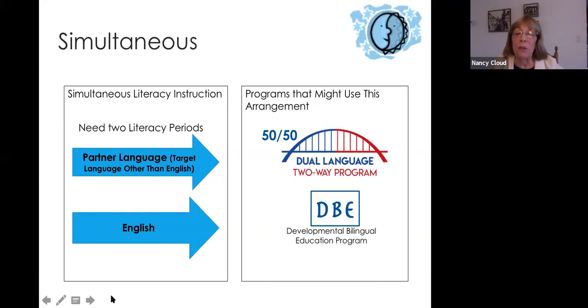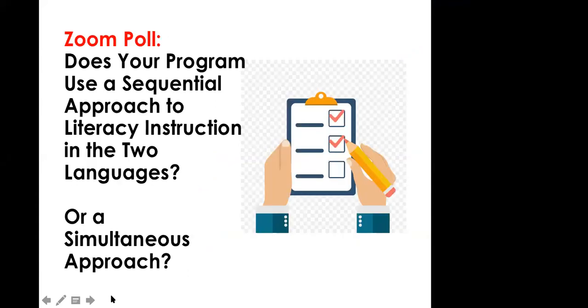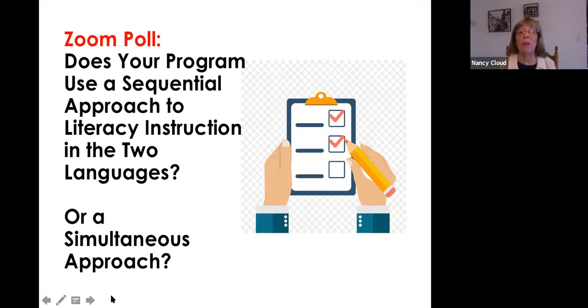Now what we're going to do is take a poll to see what you actually are doing. And I hope that based on my explanation, all of you know whether you would consider your program a simultaneous or a sequential program. So we are going to ask you, does your program use a sequential approach to literacy in the 2 languages or a simultaneous one?